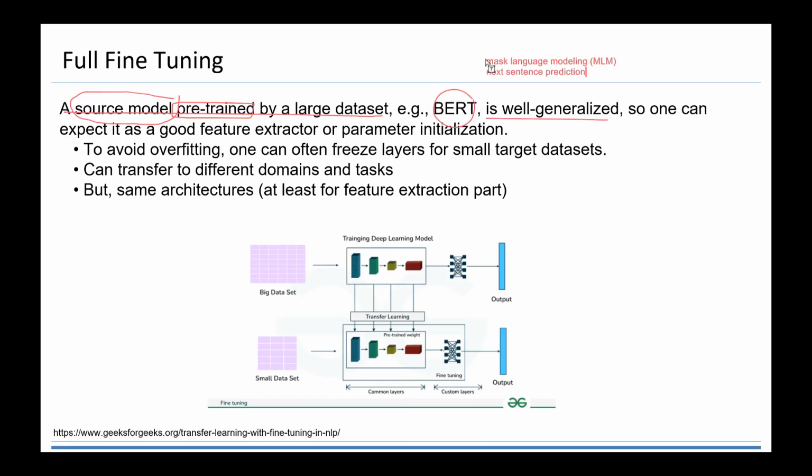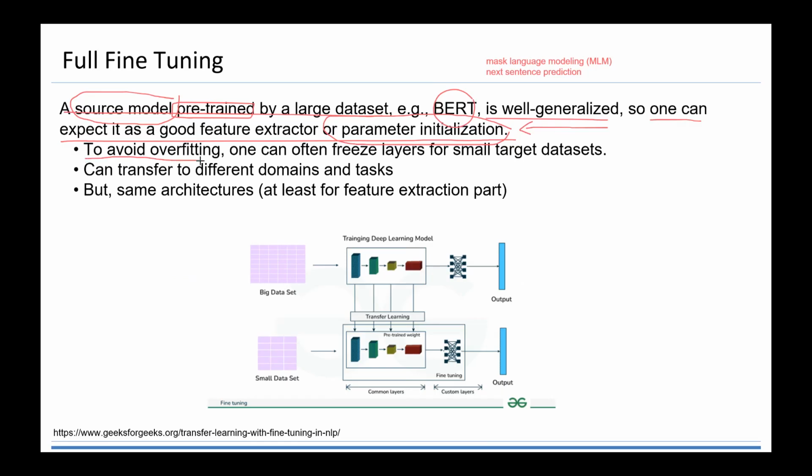It can be generalized to anything. So one can expect it as a good feature extractor or a parameter initialization. The most important thing when you do this kind of learning with word embeddings, word2vec, is the parameter initialization. If you can do the parameter initialization better, then the learning result will also be good.